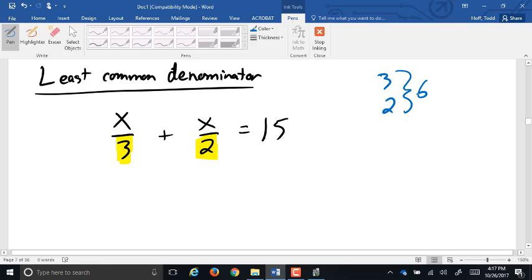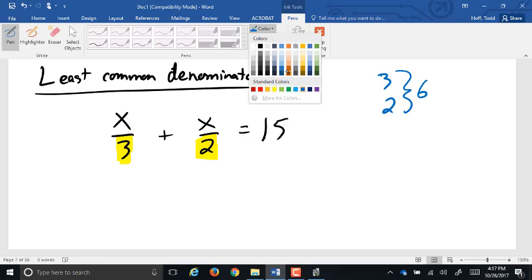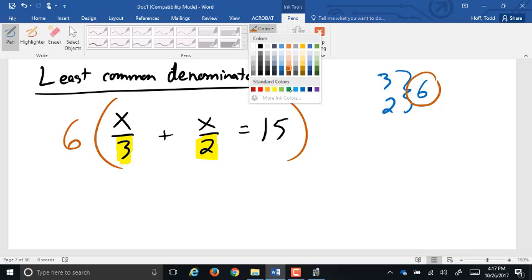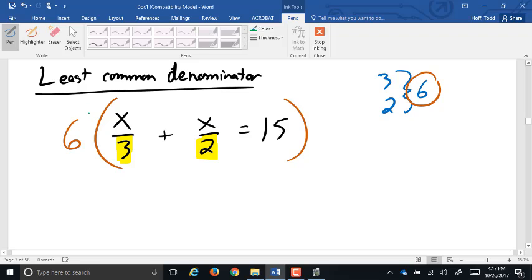What we're going to do with that least common denominator is multiply this whole equation by that least common denominator of 6. So 6 times x over 3. Let's write this out. 6 over 1 times x over 3. That's 6x over 3, or divides out to be 2x. 6 times x over 2.